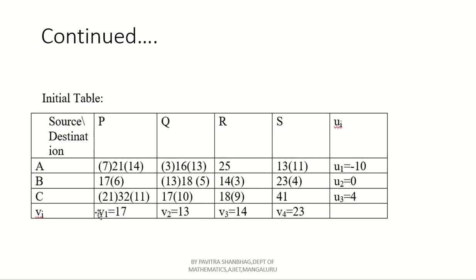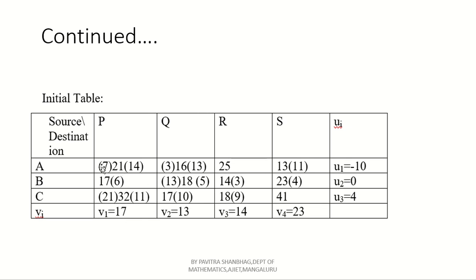That means what here? ui plus vj. See here, 17 minus 10. 17 minus 10 means 7 remains. That you have to write on the left side of the element, and the remaining element is the net evaluation, using dij equal to cij minus (ui plus vj).